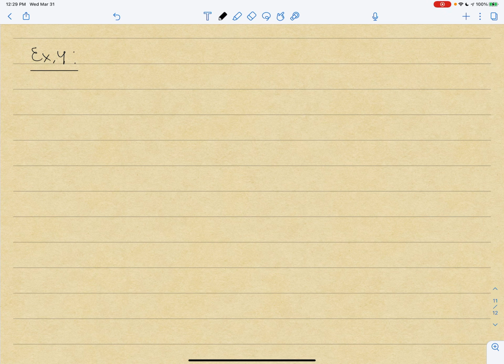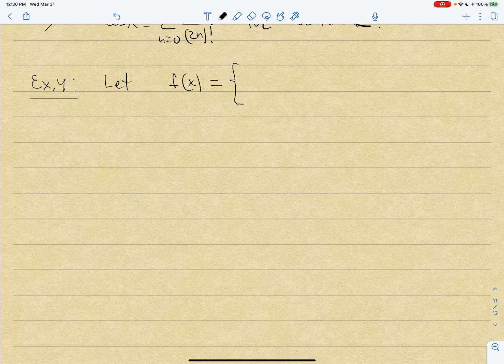So let's define f of x to be the following. It's going to be e to the power minus 1 over absolute value of x if x is not equal to 0, and it's going to be 0 if x is equal to 0.